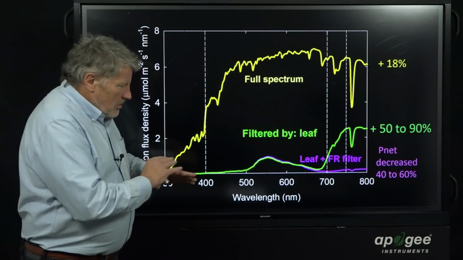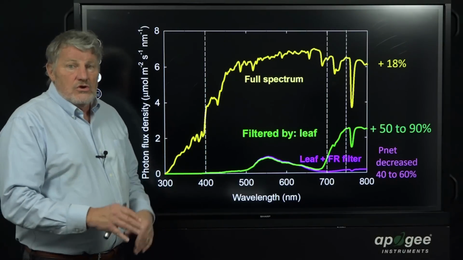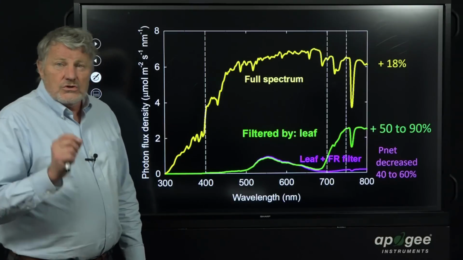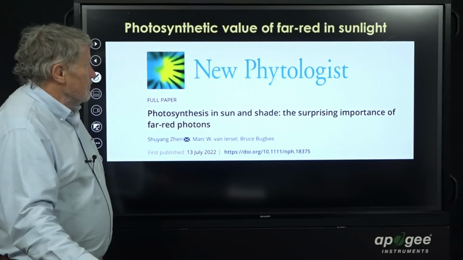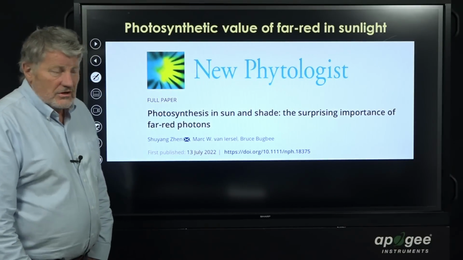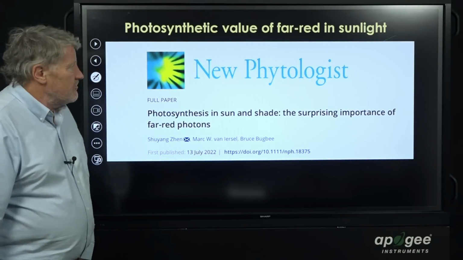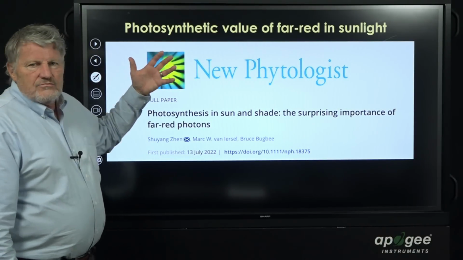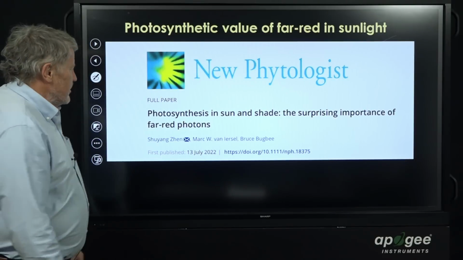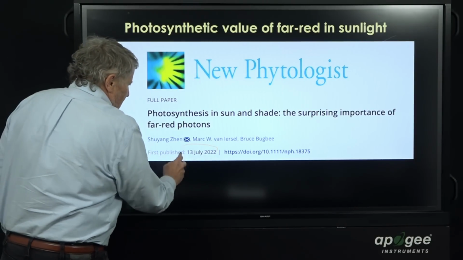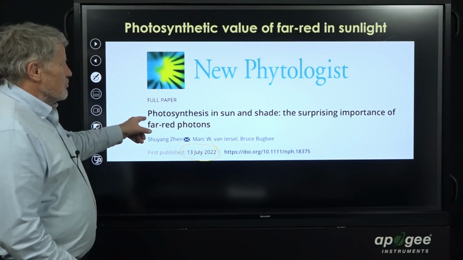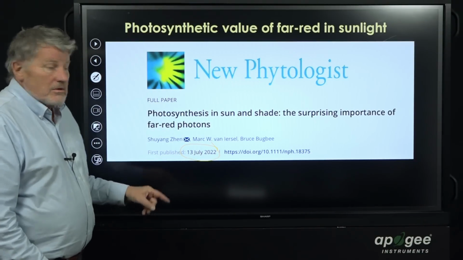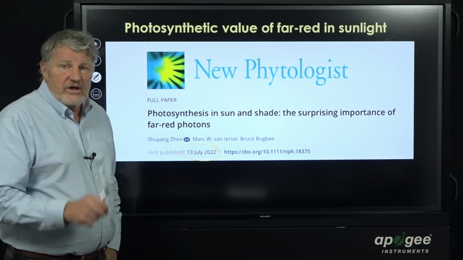And throughout all of this work to collect these data, we knew it was a big finding. So we published this in a very high impact journal called New Phytologist. This has an impact factor above 10. It's reserved for groundbreaking research. Look at the date, July 2022. This is a recent publication, Photosynthesis in Sun and Shade, the surprising importance of far red photons.